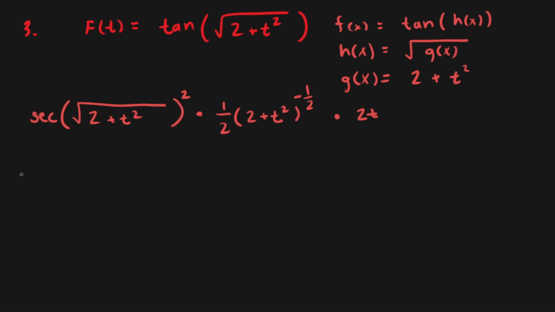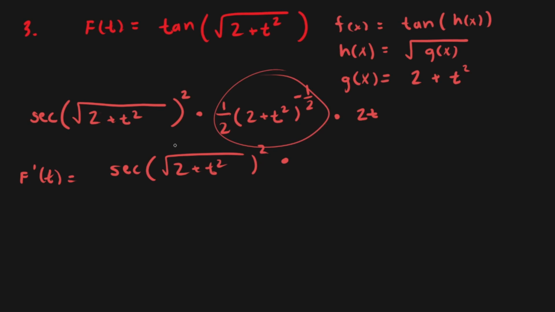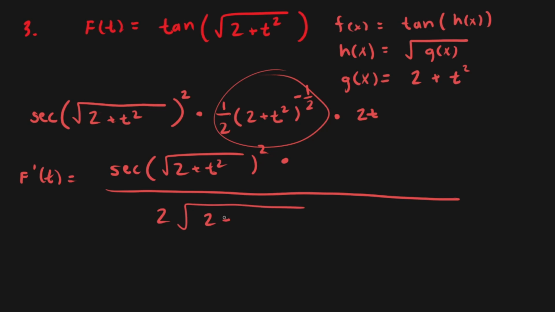So we can simplify this to f prime of t equals secant of the square root of 2 plus t squared, to the second power, multiplied by, if we simplify this, 2 over the square root of 2 plus t squared over 1 basically, and then we just have 2t in the numerator.